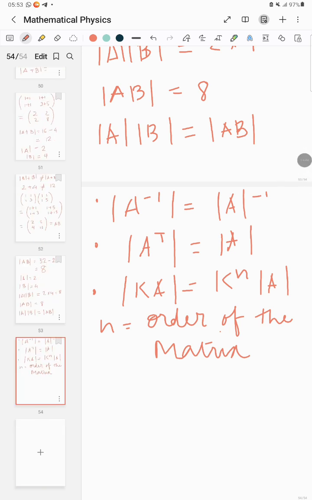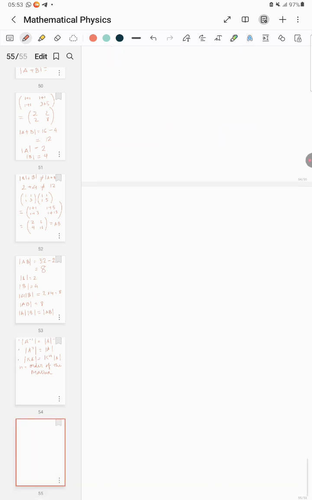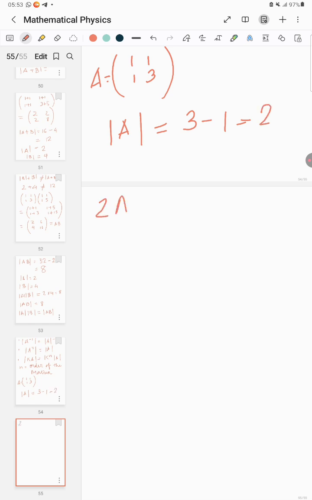Alright. Now let us prove this property, the last one, with the help of a matrix. So consider a matrix A equals 1, 1, 1 and 3. Alright. So determinant of A is nothing but 3 minus 1 equals 2. Now consider 2A.